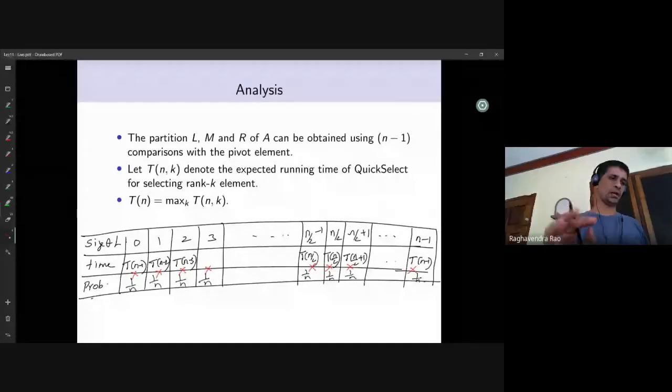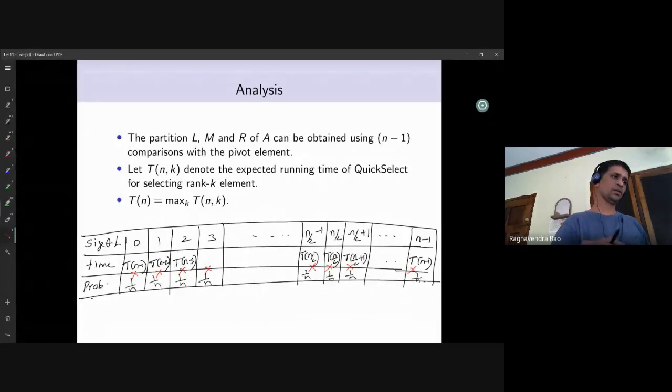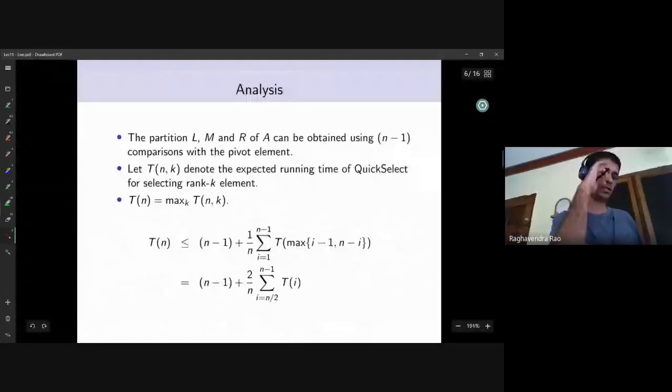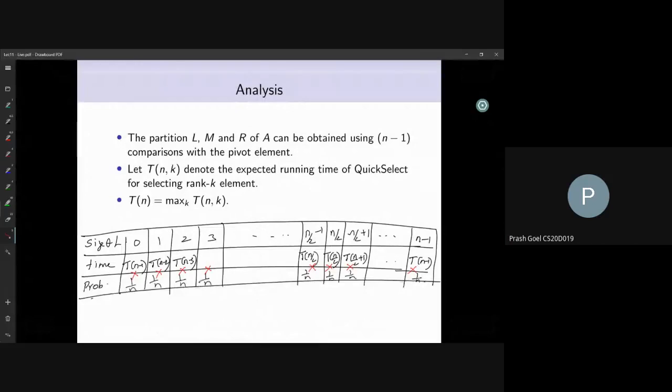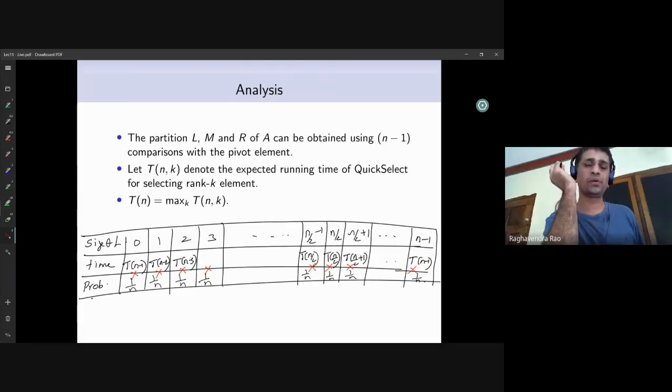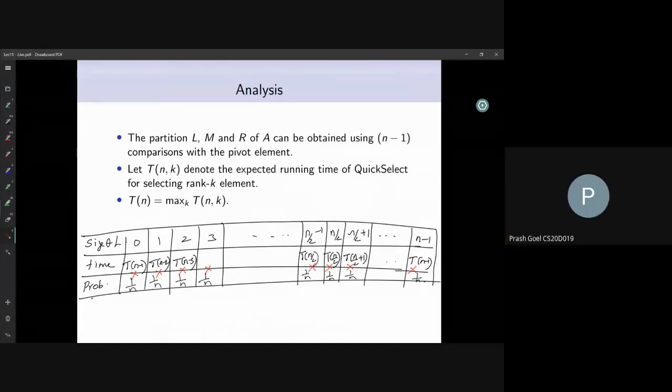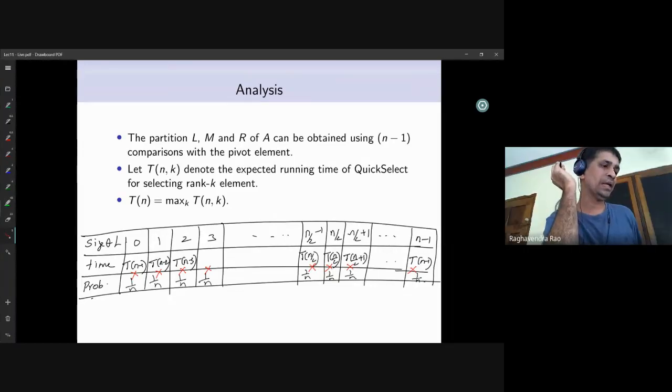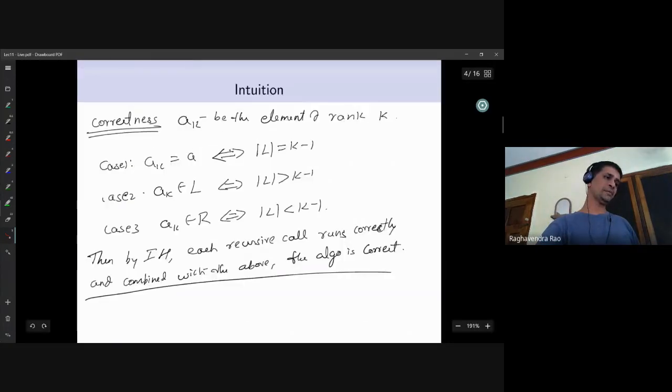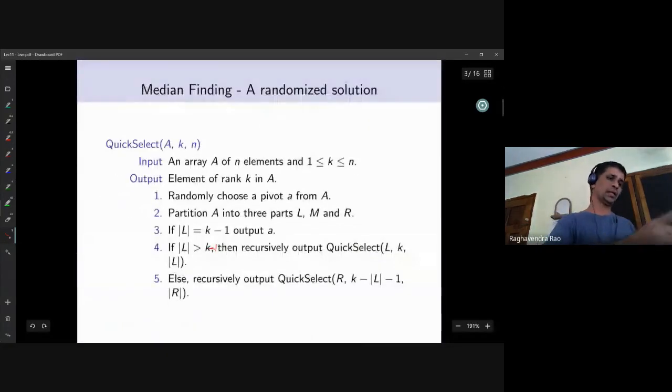I have one question. Here, we are not considering k because we are assuming that the kth element would be present in the larger of the two arrays. Yes, because the actual value will depend on k, but k keeps on changing, depending on how you make the recursive call.